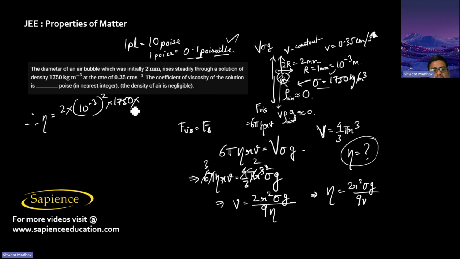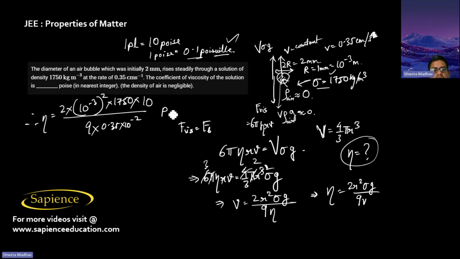So 2 into r square into 1750 is the density, g is 10 approx, divided by 9v. v is 0.35 centimeter per second, or I can say 0.35 into 10 power minus 2 meter per second.